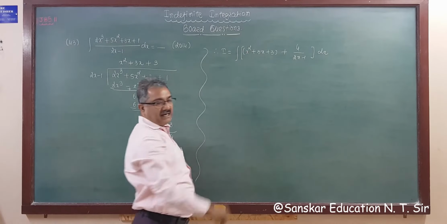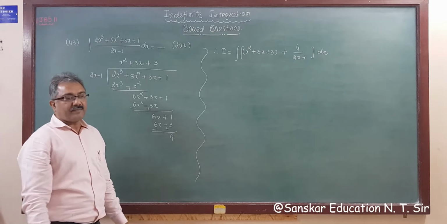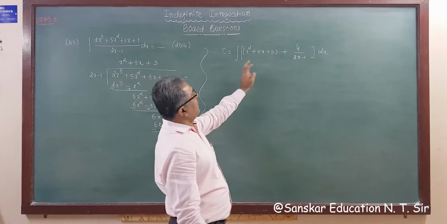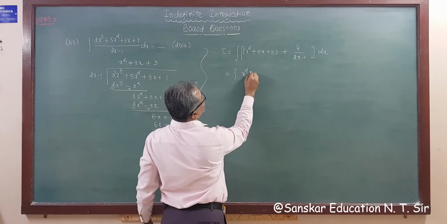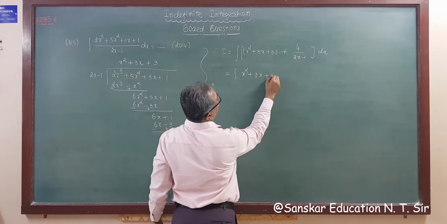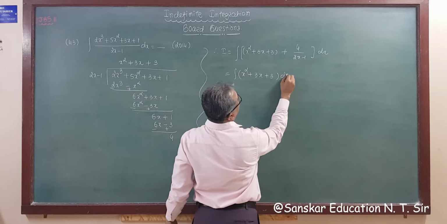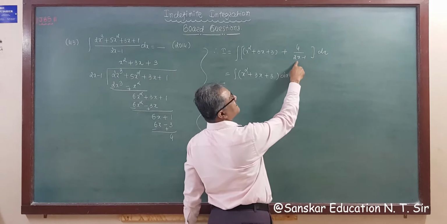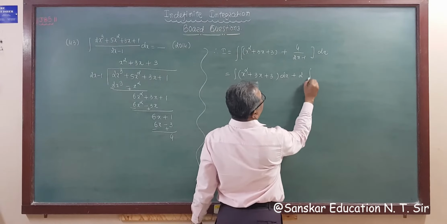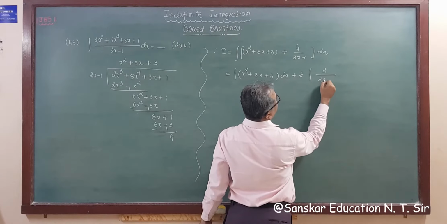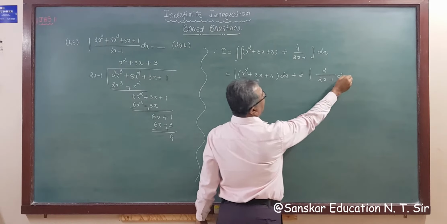This is the result of the division. Now, integrating this, we get the integration of x square plus 3x plus 3 dx, plus the integration of 4 upon 2x minus 1. Taking 2 outside, it is 2 upon 2x minus 1 dx.